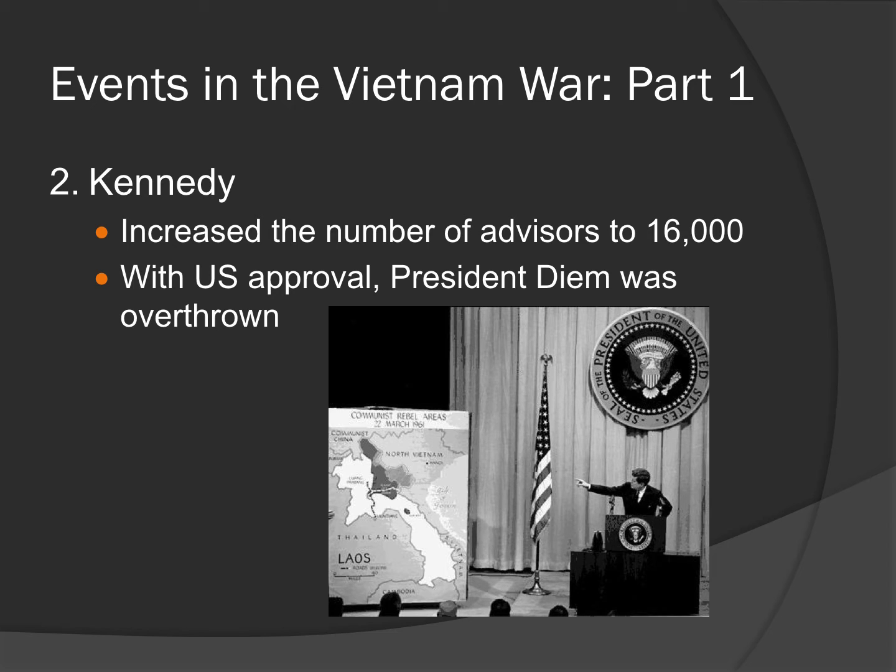And with U.S. approval, President Diem actually was overthrown. But still, up to this point, our role is as advisors. Those 16,000 troops that are there training the South Vietnamese army to try to win their own war.